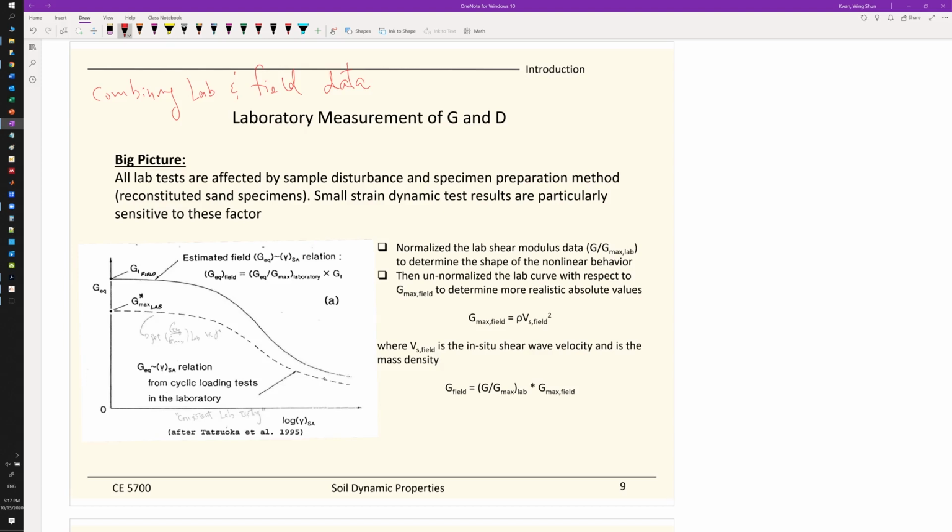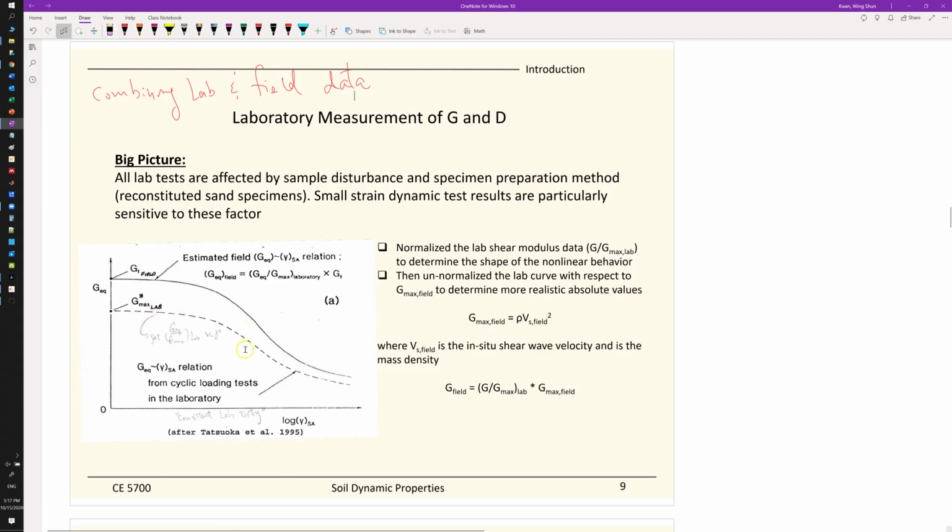So in the field you can only do the test where there's no displacement at all, so you are getting the Gmax and D min values. Now in the field you have the Gmax and D min values, and in the lab you get the shape of the curve, and you will use the shape of the curve combined with your field measured Gmax values to do the corrections.